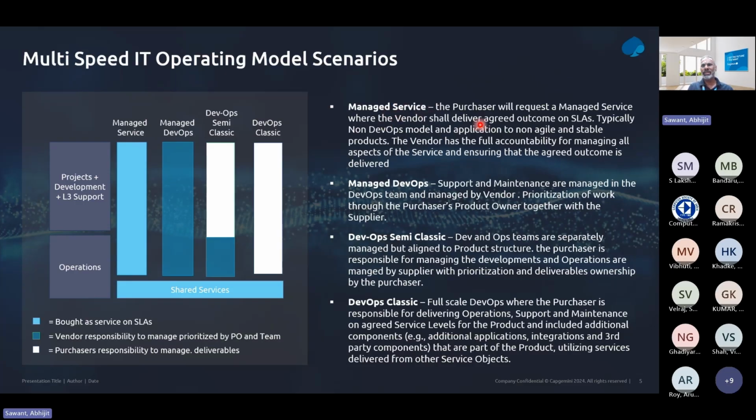So as I said, managed services is where the vendor is completely taking the ownership and providing services SLA based. Managed DevOps is again managed by the vendor, but with some intervention of the purchaser. This is a hybrid model with the purchaser owning the product projects and the developments, and the supplier owning the operations.